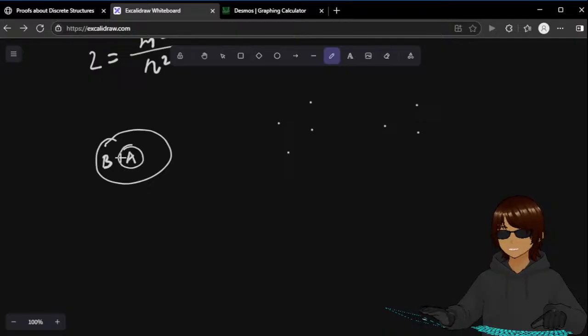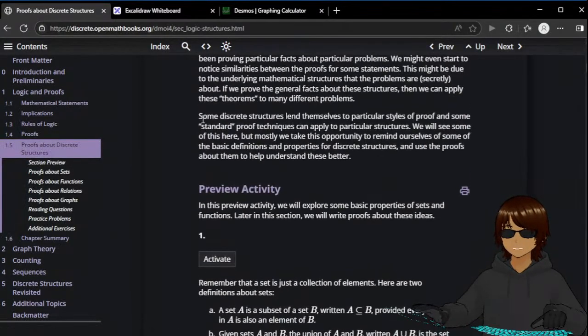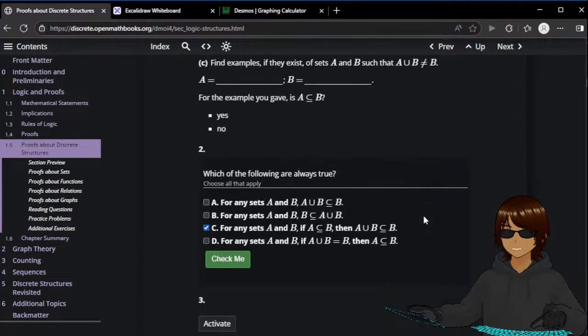A is a subset of B, then A union B is equal to B, right? Wait, that answers our previous question as well. A is a subset of B, then A union B is equal to B.